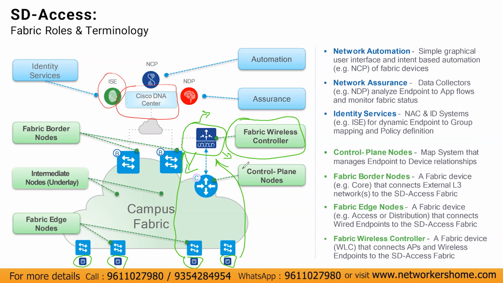Here Cisco has given a wonderful option where you can enable the wireless functionality even on the border node. There is a thing known as fabric in a box, where the border, the control plane, the edge, and the wireless controller are all on one node.